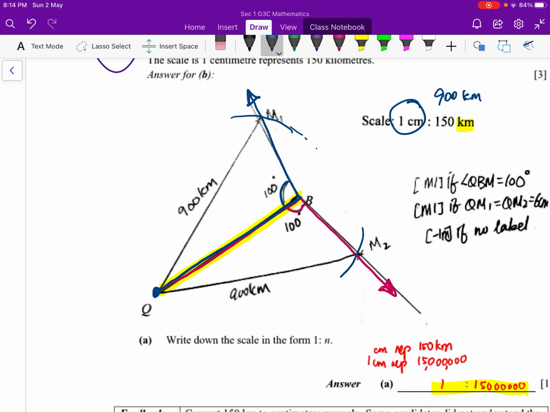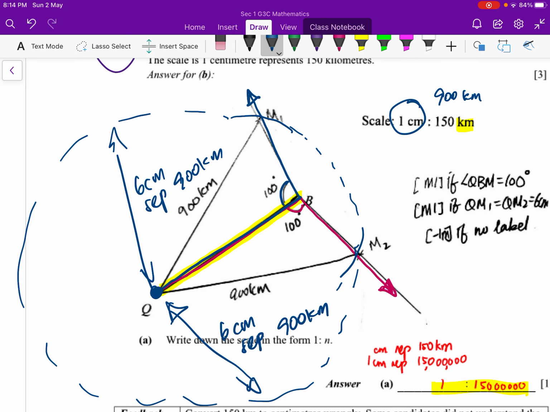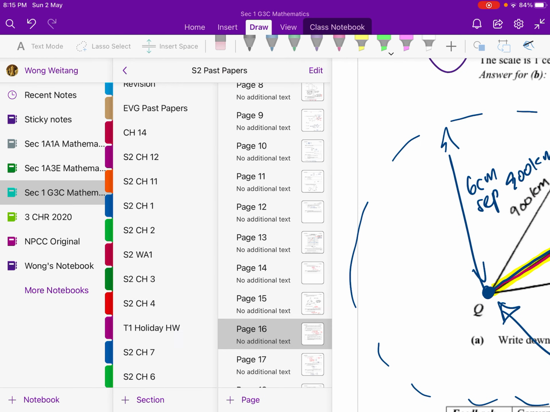So this actually forms a circle of radius 6 cm from this point. So this portion, 6 cm representing 900 km everywhere on the circle. So we see that this circle actually cuts at these 2 points. So these are the 2 possible positions of point M. So label them clearly.